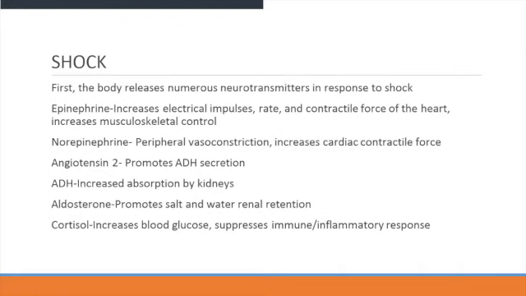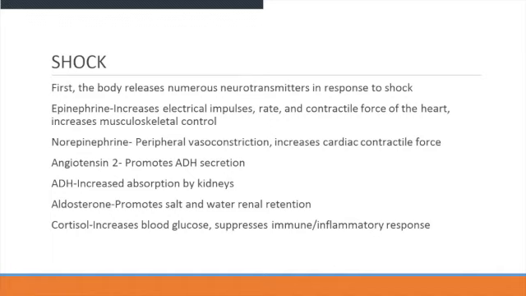Norepinephrine constricts the vessels, whereas the sympathetic nervous system is going to cause the heart to beat harder. It constricts the peripheral vessels to shrink down in size, so there is less room for the blood to occupy, and increases the heart's contractile force.